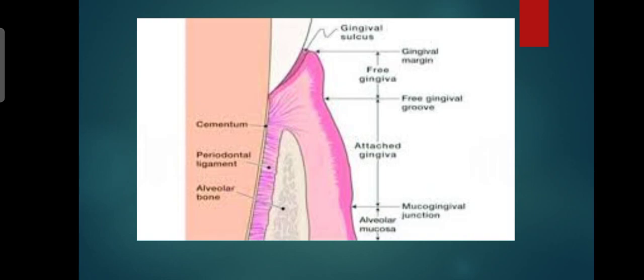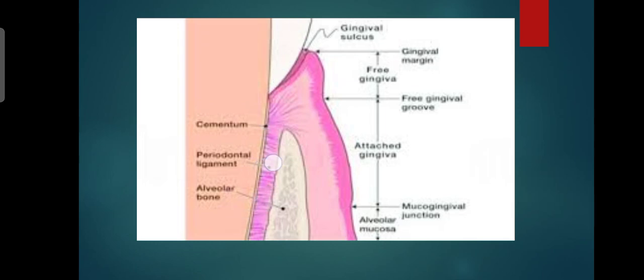This is cementum. The white portion here is the tooth, and then this is cementum, the root part. This is the coronal portion of the tooth. This is the root, cementum.